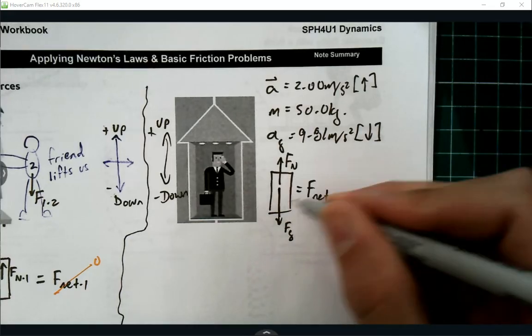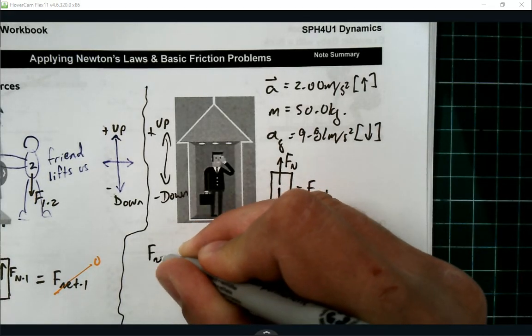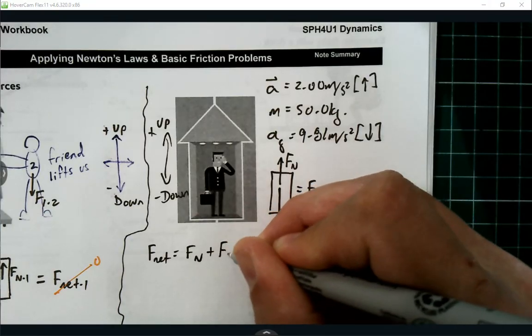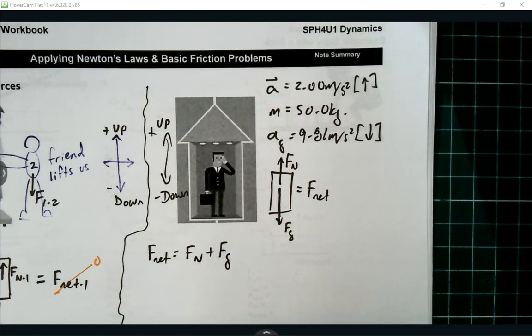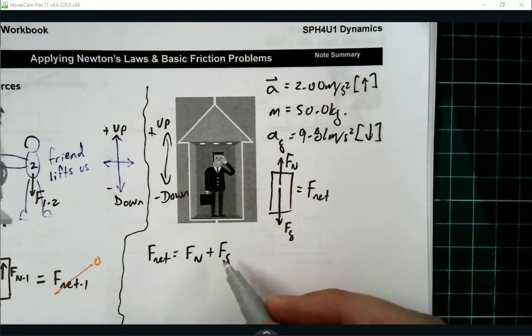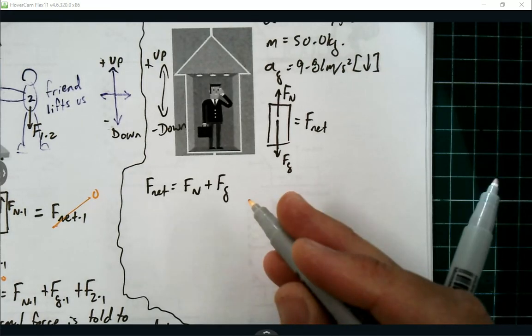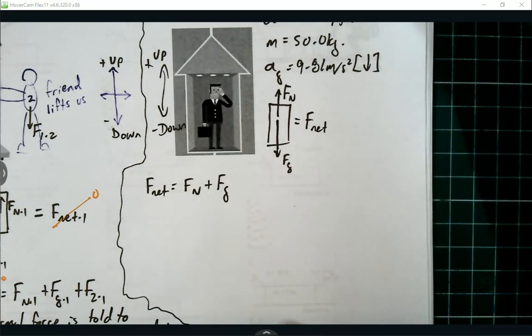If I was going to turn this into an equation, I could say F net is equal to F normal plus Fg. Maybe this time I do want to put a negative sign in, because there's one thing going up and one thing going down.